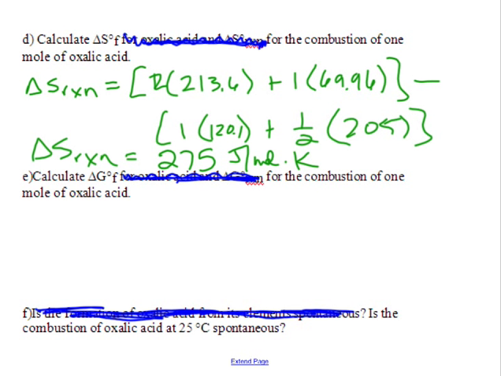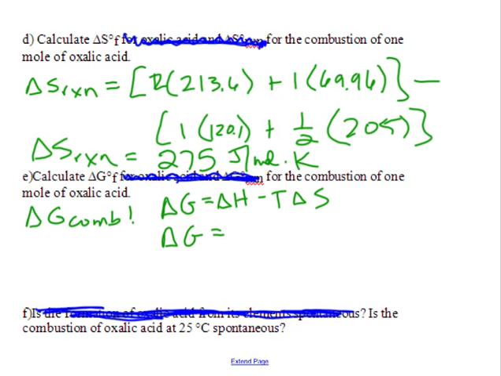Okay? All right, calculate delta G then for the combustion. So now we're going to try to find the delta G of that same combustion reaction. I don't have any delta G's to do Big Mama from, so what do? Delta G is equal to delta H minus T delta S. Delta G is, you guys got for your delta H, I'm going to convert that to joules, negative 1319,000.